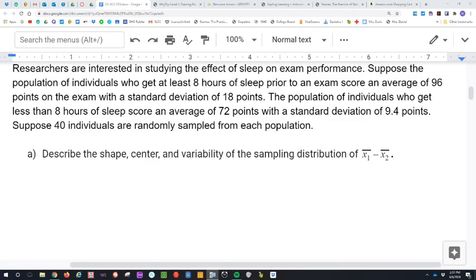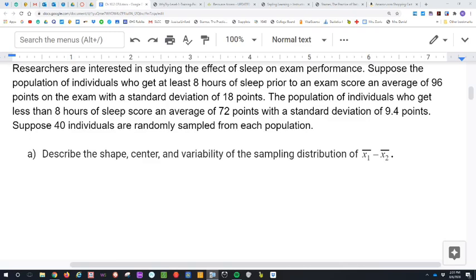So let's dive in. Researchers are interested in studying the effect of sleep on exam performance. Suppose the population of individuals who get at least 8 hours of sleep prior to an exam score an average of 96 points on the exam with a standard deviation of 18 points.